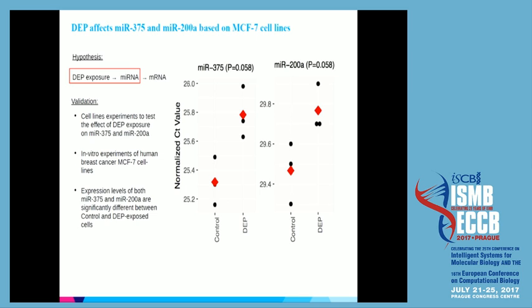Sorry, I have a related question. Your differences in CT are not much, you know, 25.3 versus 25.8. When I do qPCR, I'm looking for 10 versus 20, something quite different. When you're in the upper 20s, you're not really seeing much that's different.